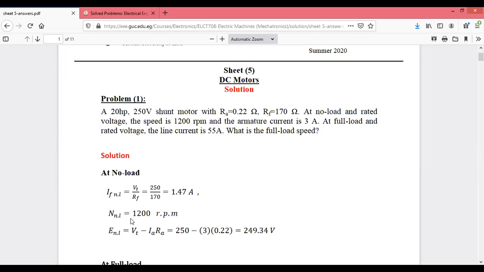For that you will need Ia and Ra, because here we have the equations for the back EMF. Back EMF, because this is a motor, हम यहाँ पे मोटर ले रहे हैं, so we can call that EMF the back EMF. We have the equation E minus IaRa.